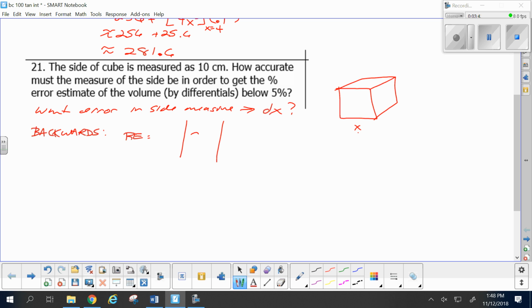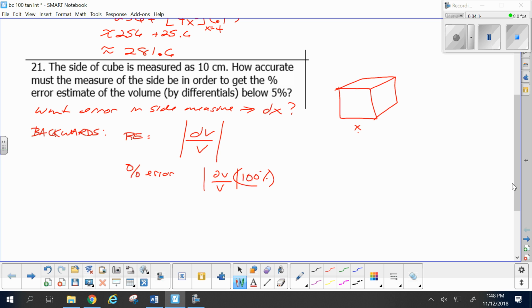So the error is dV, and that which you measured is V. That's the idea of relating your error in your volume measurement to the volume itself. As a percent of the volume, how much error did I have? Now, this is relative error. Percent error then would be to take that decimal and make it a percent by multiplying it by 100%.